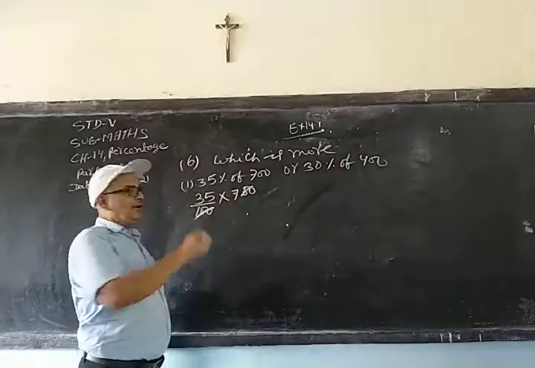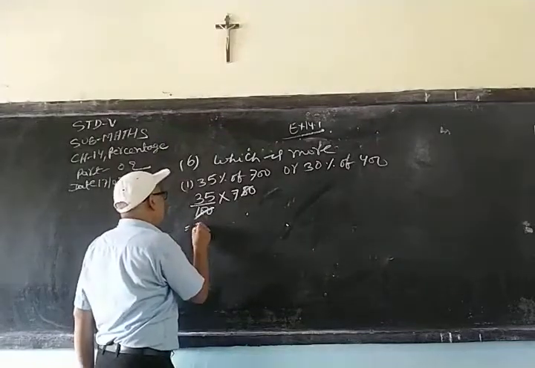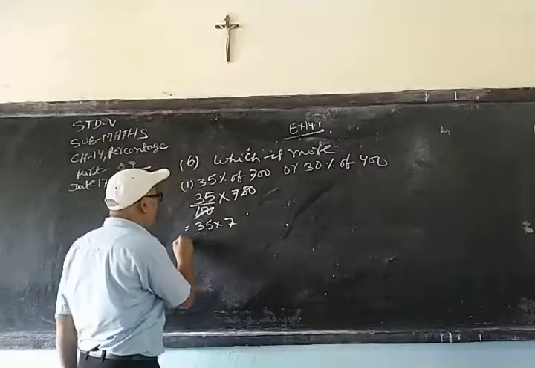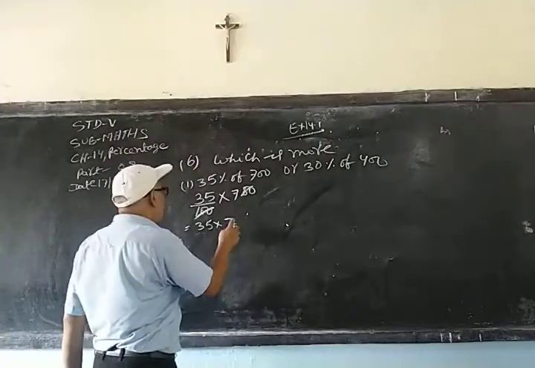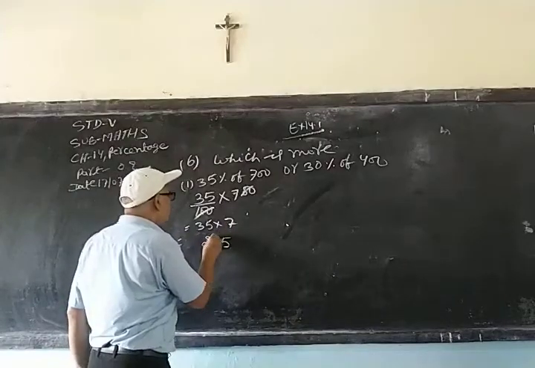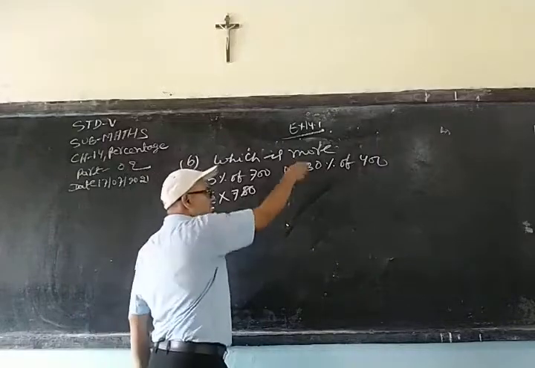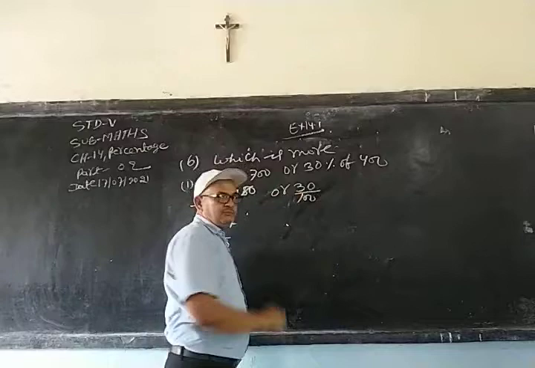So multiply, divide and cancel with 20. Now what is the rest? 35 into 7. 7 into 5, 35, carry 3. 7 into 3, 21, plus 3, 245 is coming. Now the other value: 30% means 30 by 100.